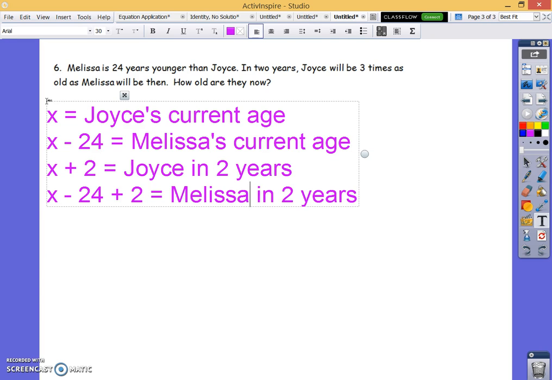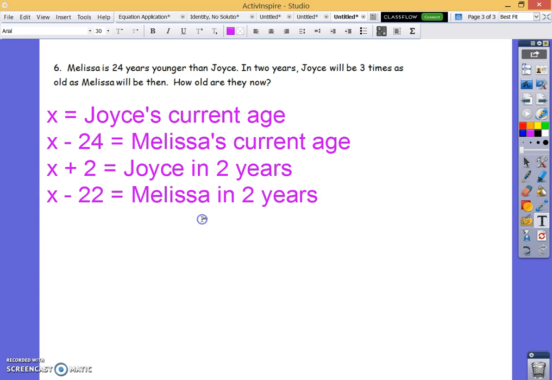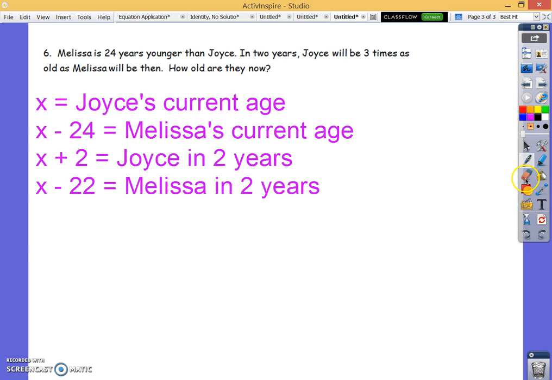Now, that's a whole lot of mumble jumble right there. I see negative 24 plus 2, so I'm going to actually reduce that. I'm going to simplify it. That's her age in 2 years. If you want to keep it as minus 24 plus 2, that's fine, but to me that's a little too complicated.